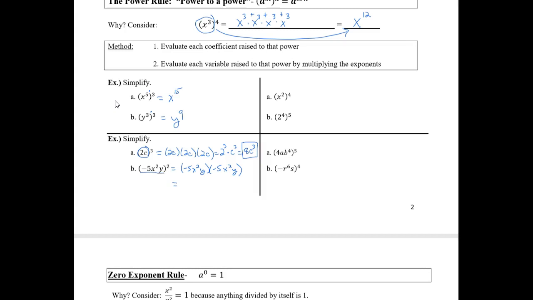So negative 5 times negative 5 gives us positive 25. X squared times x squared is x to the 4th power. And y times y would be y squared. And you can see here, using that power rule, 2 times 2 would give us the 4. And this was y to the 1st power, so 2 times 1 would be 2. Go ahead and try the examples on the right.